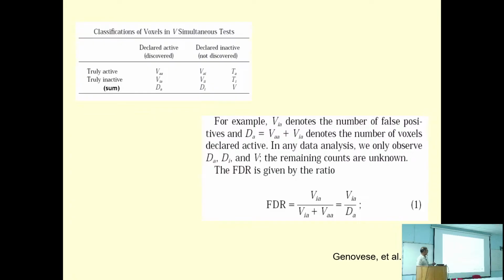So in any data analysis, we only observe dA, dI, and V, right? So this is declared active, declared non-active. So this is one way you can identify, right? So as you set the threshold, these values would change. So this would be one way to find the optimal value.